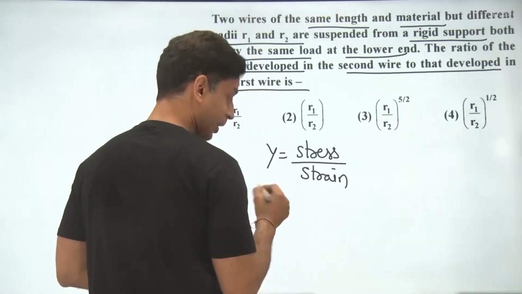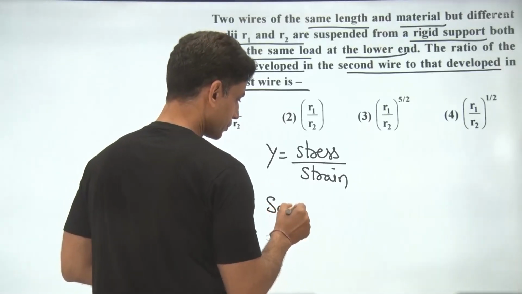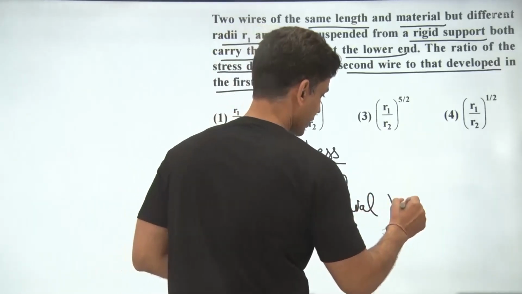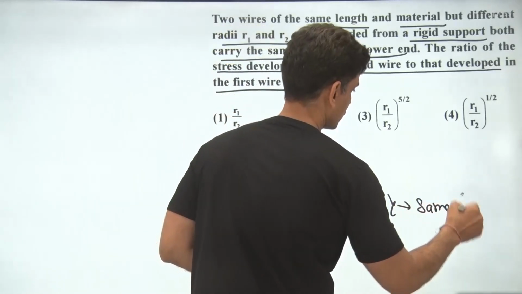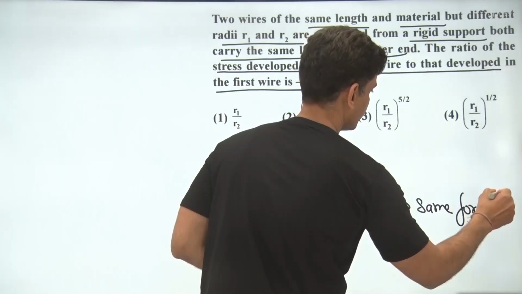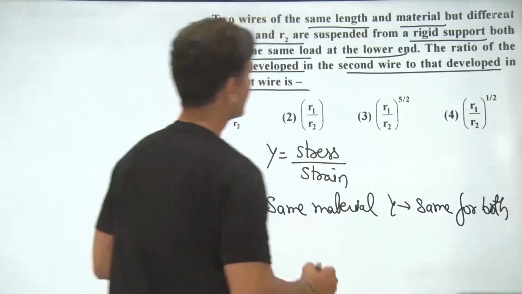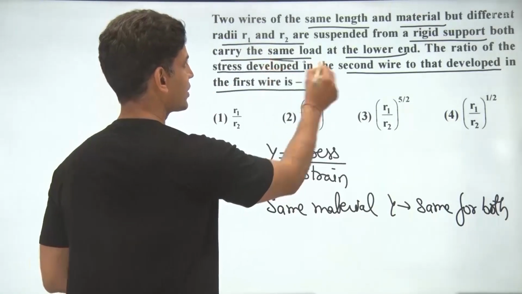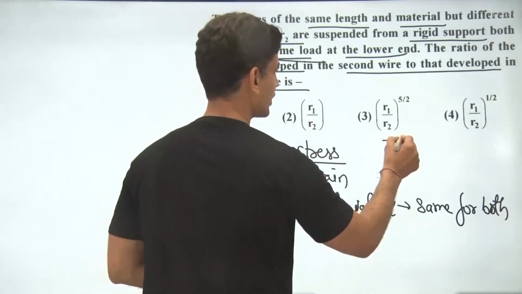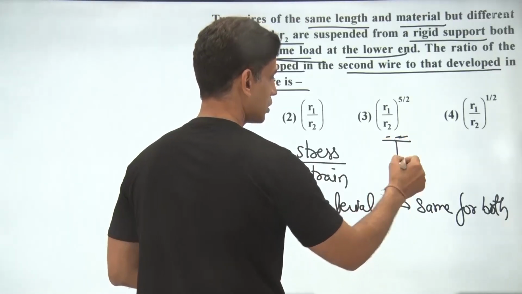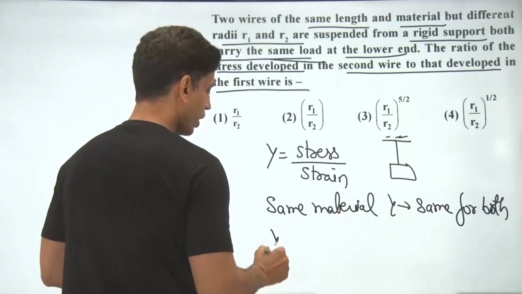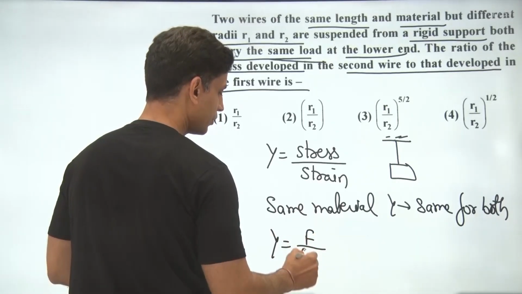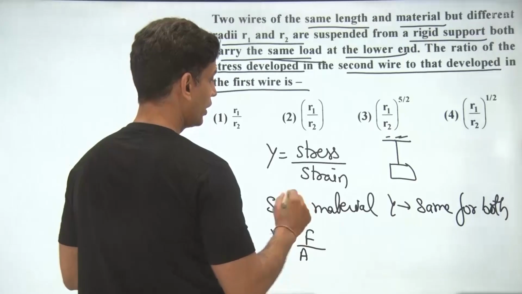Now the material is the same, so Y is the same for both. Good. Now the load is given as the same. The question is like this. This is the load. So Y is equal to stress, which is force per unit area, and strain.